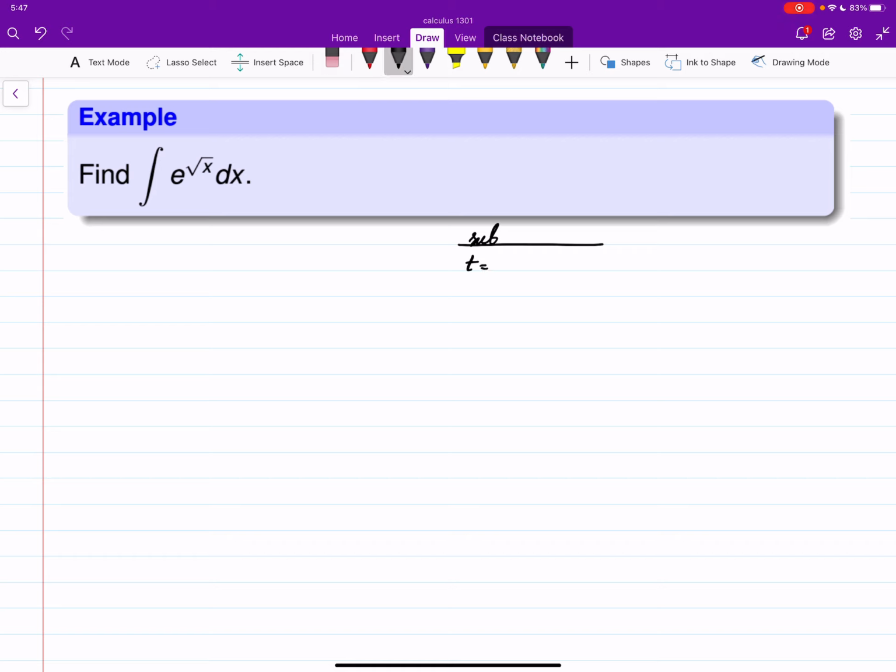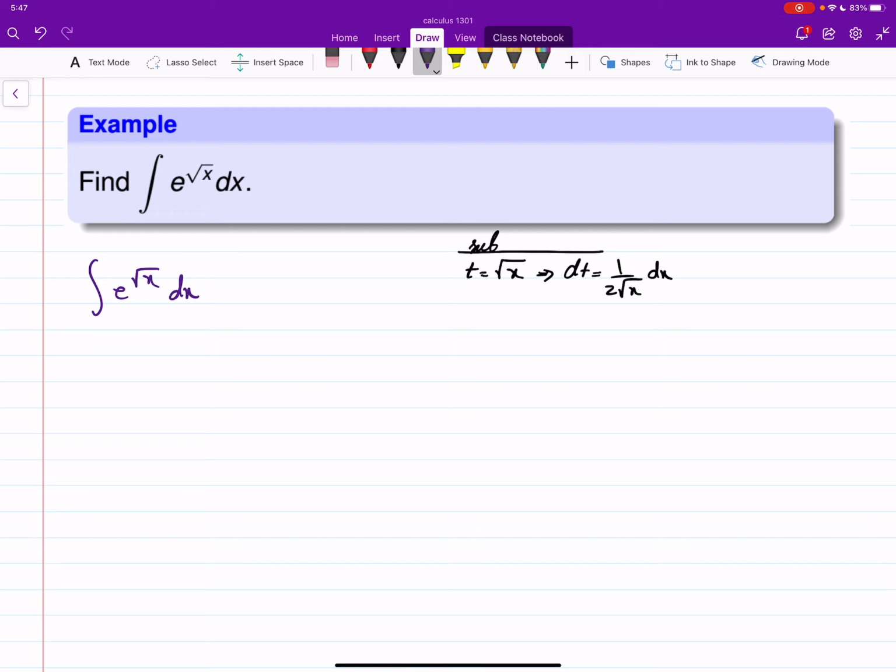t equals root x, and then from there dt is equal to 1 over 2 root x dx. Well, from here you see, okay, I don't need that part. Okay, so e to the power root x dx. But I don't have this coefficient part. Why don't I then multiply and divide and generate that part myself?